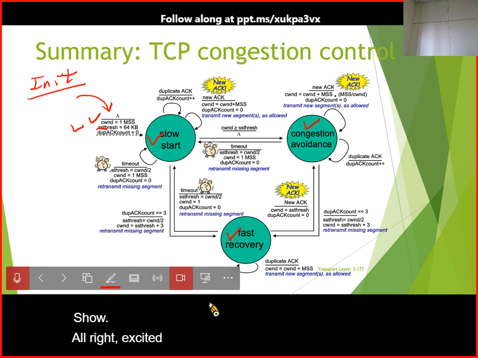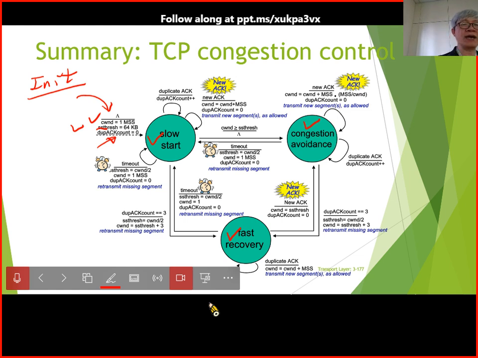If you don't like it, of course, you can have another possible value, but right now we have 64 kbyte. As for the duplicate ACK count, right now there is none, so set it to 0. So in initialization, we have the congestion window set to 1 and the SS threshold here.